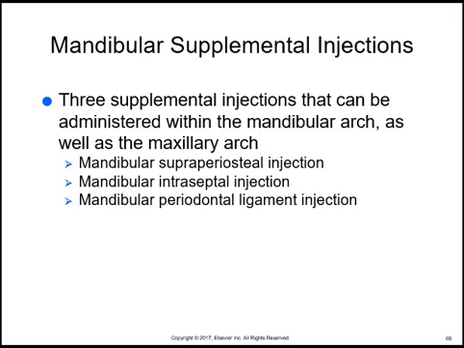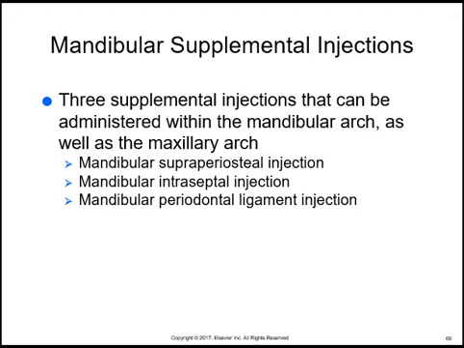All right, the next one or few that we're going to talk about is the mandibular supplemental injections. They're the 3 supplemental injections that can be administered with the mandibular arch as well as the maxillary arch. So we talked about the maxillary arch already, but we're going to talk about them again.